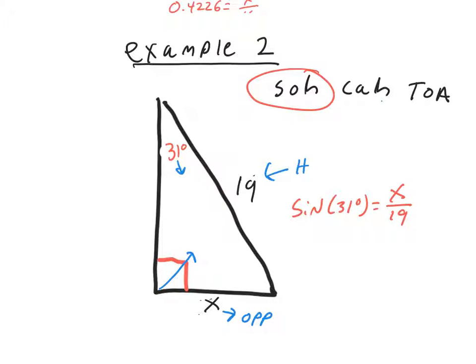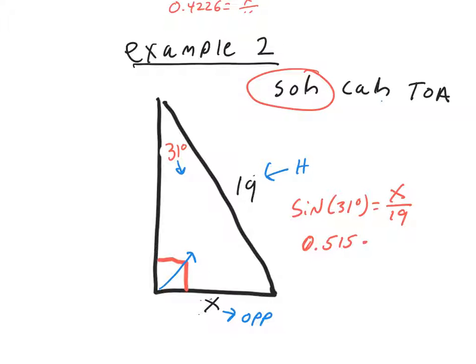Then I'm going to put in my calculator sine of 31 equals 0.515. I'm going to write that down, and I'm going to leave it in my calculator because I'm going to multiply in a minute. So all I have to do is press times. So 0.515, and then we're going to multiply by 19 because the 19 is in the denominator.